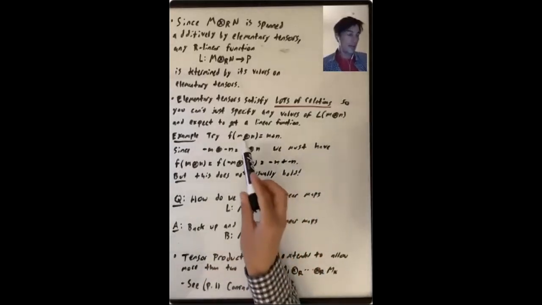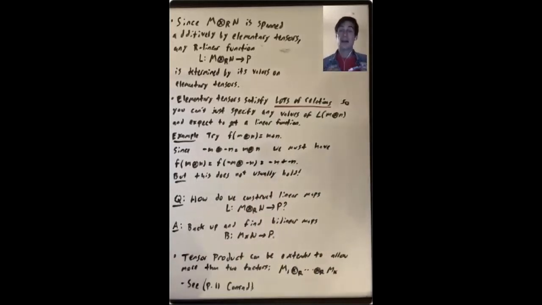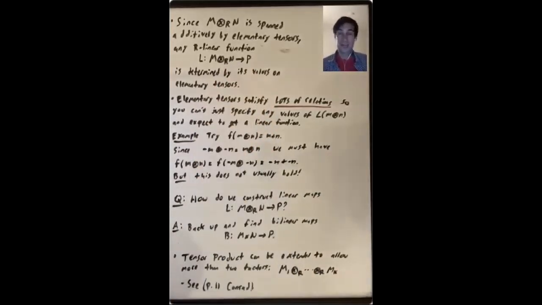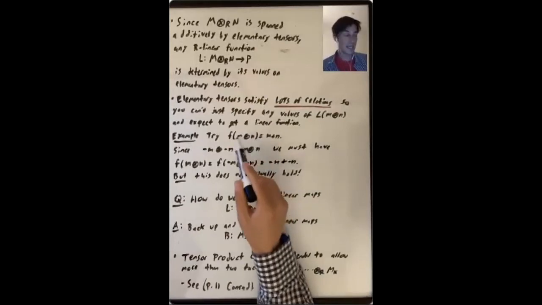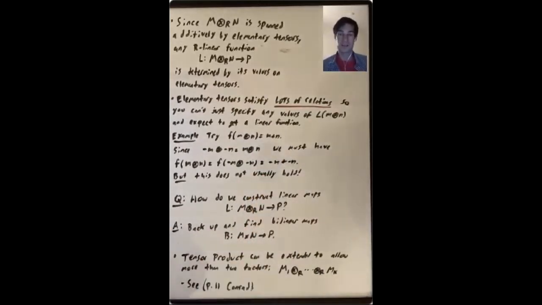You can't just specify values of a function at elementary tensors and hope that you're going to get an R linear function. I mean, you might get lucky, but most of the time you won't. There just is no linear function taking a set of values that you prescribe at all of the elementary tensors.